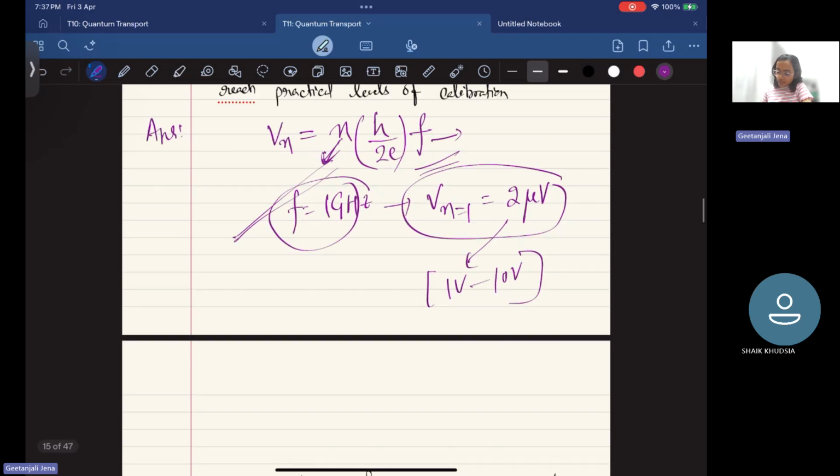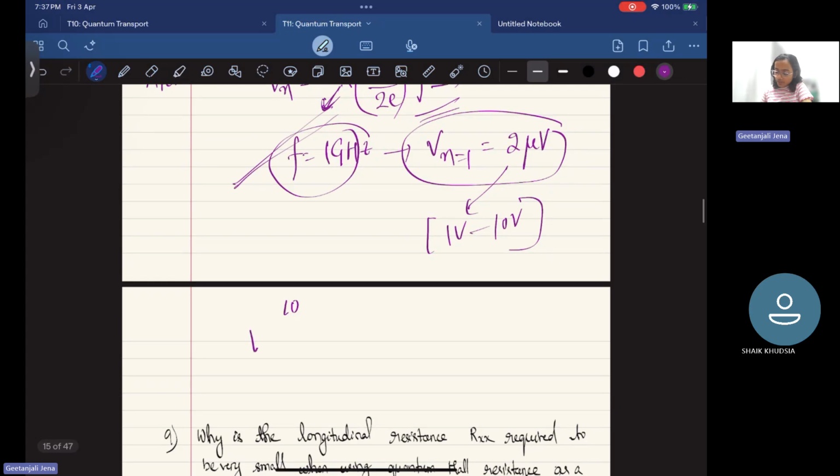Let's say we have 10 Josephson junctions in an array. For that case, V total you can write as the number of Josephson junctions times the voltage of a single junction. Using this, you can increase the voltage and get a practical value that you can measure.